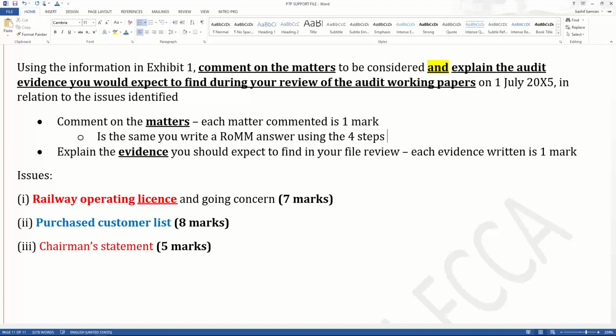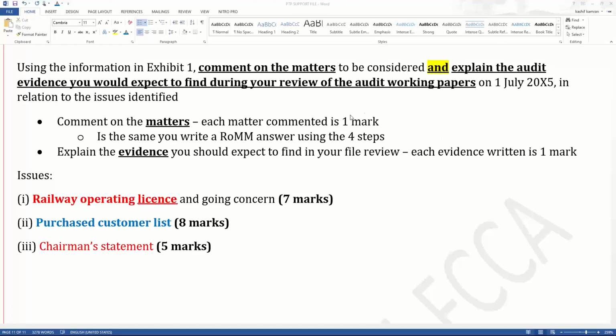And you all know the 4 steps, right? The first step was materiality, then the accounting treatment, then the risk and impact. So the examiner was saying, in the same way you write a ROM answer, you will be writing the comment on the matter answer in case the question comes on evidence. I hope you're all clear on that, right?